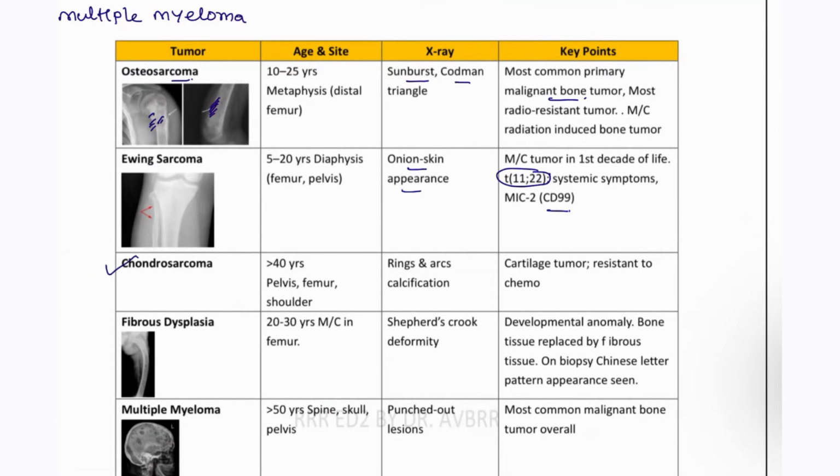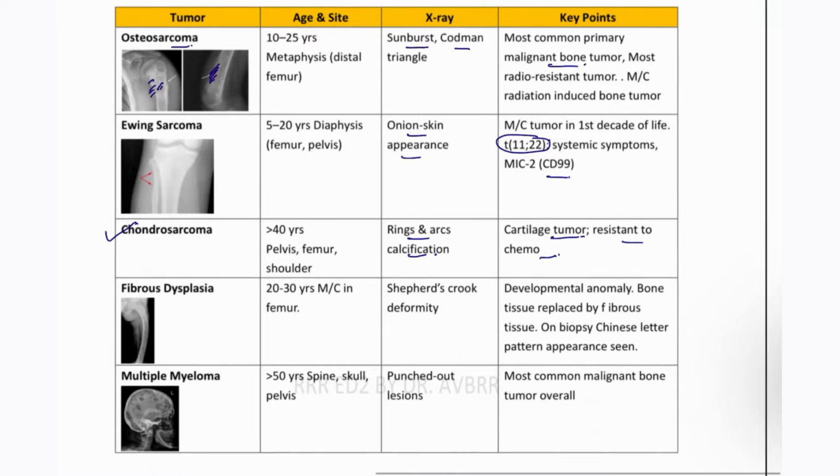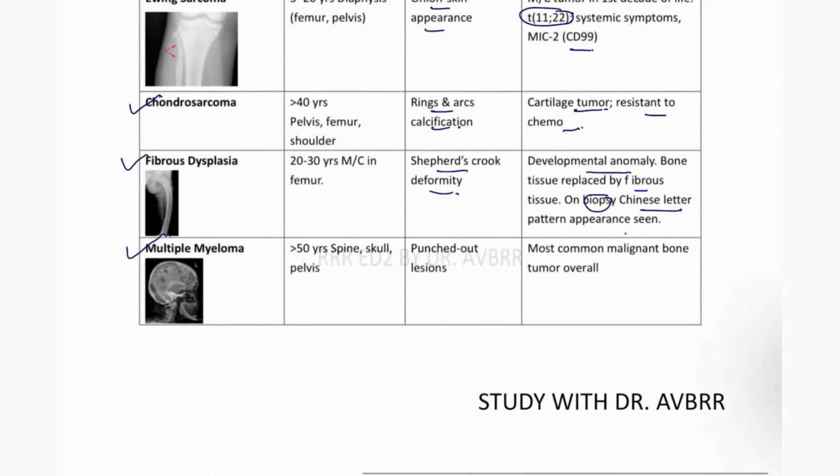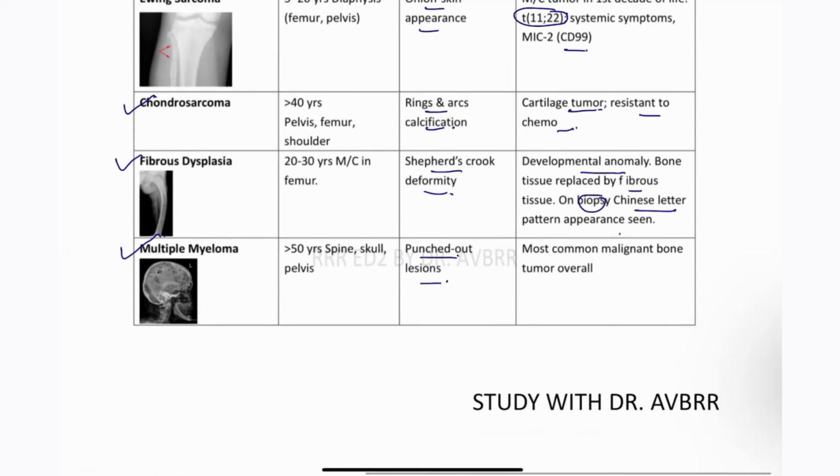Next, chondrosarcoma, rings and arcs calcification will be seen. Cartilage tumor resistant to chemotherapy. Next, fibrous dysplasia, Shepherd's crook deformity, a developmental anomaly that is associated with fibrous tissue. On the biopsy, Chinese letter pattern will be seen. Multiple myeloma, lytic lesions, punched out lesions. Here you can see these punched out lesions will be seen. Most common malignant bone tumor, this condition.